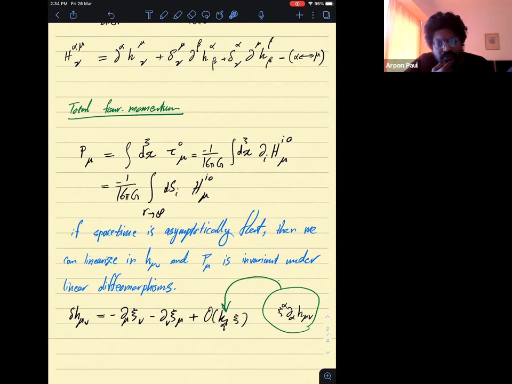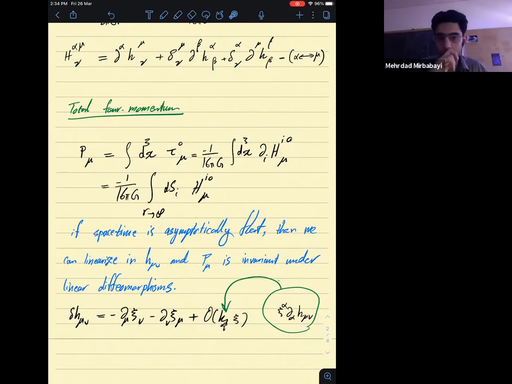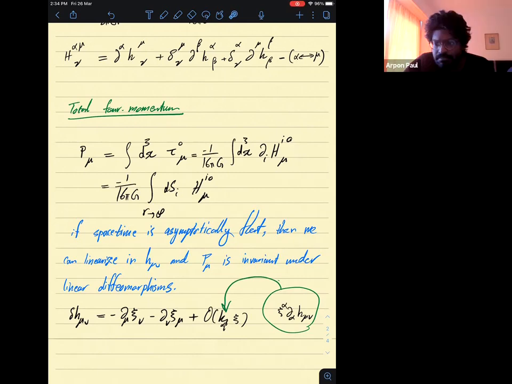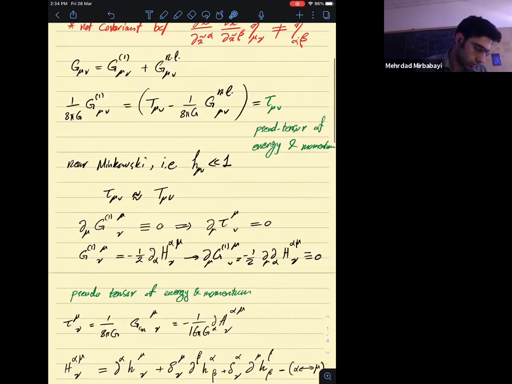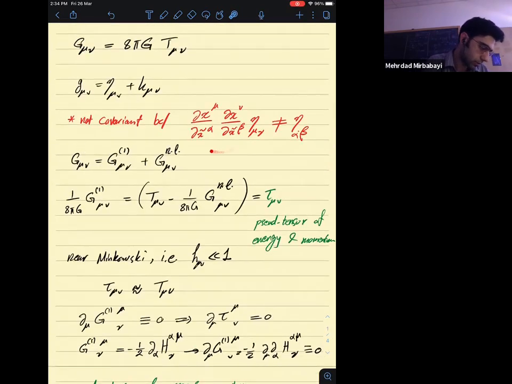But can we consider a Lorentz transformation as a diffeomorphism transformation? Yes, it's a particular choice. So what is a diffeomorphism? You change your coordinates, going from one set of coordinates to another set of coordinates.